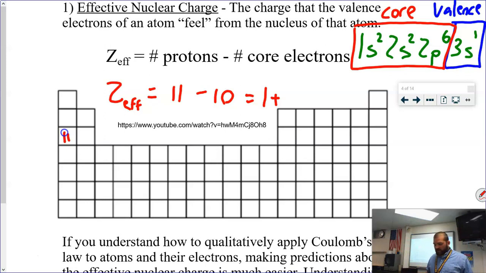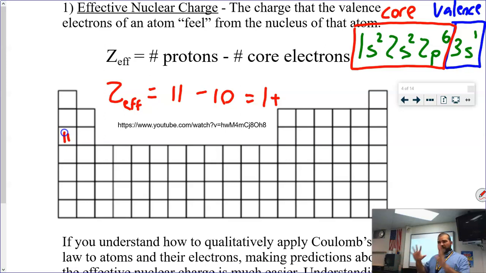Well, let's assume we're a valence electron, okay? Do this weird thought experiment with me. We're a valence electron, and I am looking in towards the nucleus of my atom. And as I go inward from the outside of the atom towards the inside of the atom, I'm going to pass 10 negative charges. Those are the core electrons. And I'm going to see 11 positive protons in the nucleus. That's the positive charges.